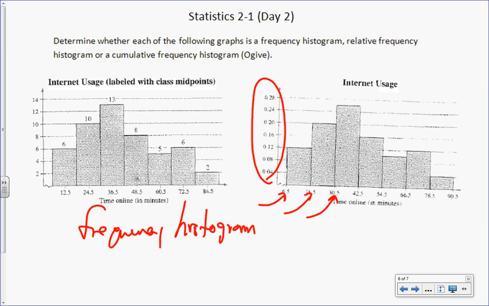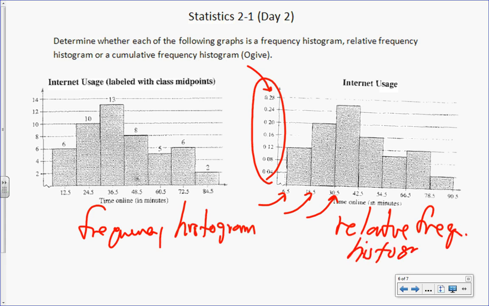Normally when they're decimals, you're not going to get the value on it. What do these decimals represent over here? A portion out of 100, basically, correct? So this is what type of graph? This is a relative frequency. Very good. Relative to the rest of the data, this is relative frequency, and it is a histogram, because it is that bar graph.